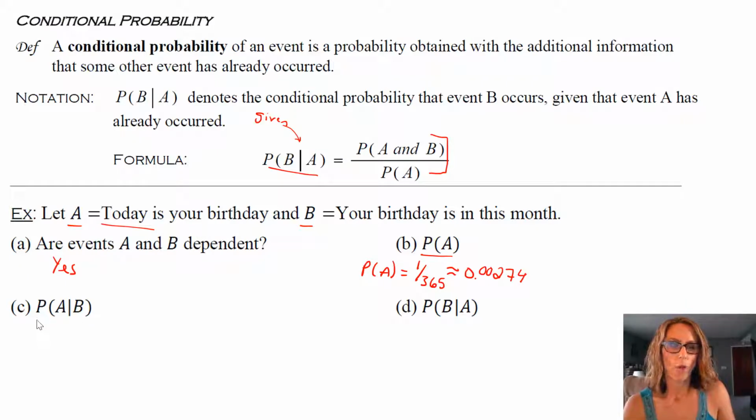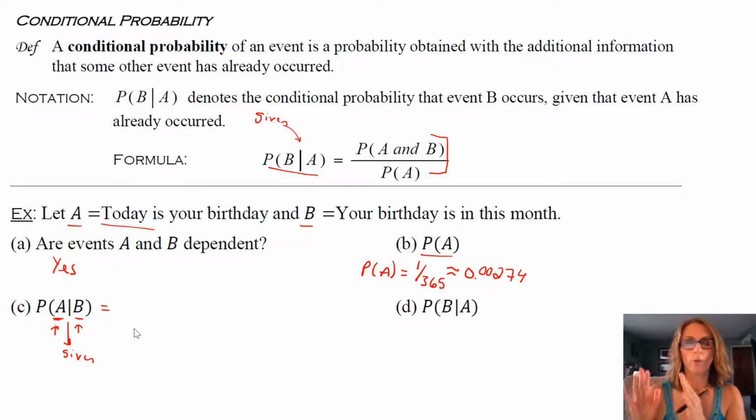So it's pretty small, the probability that your birthday is today. Now this is saying, what is the probability that today is your birthday given that your birthday is in this month? That's how this is read. So if you already know that your birthday is in this month, then what is the probability that today is your birthday?